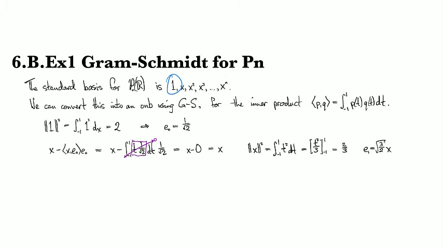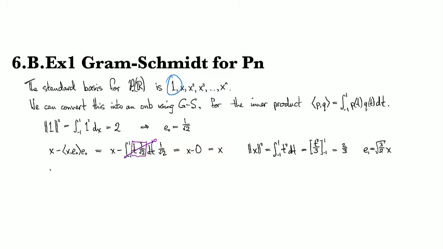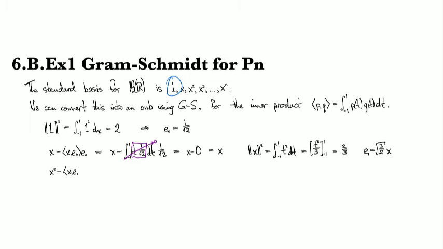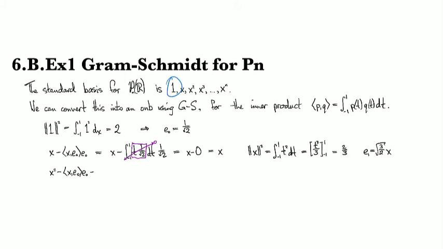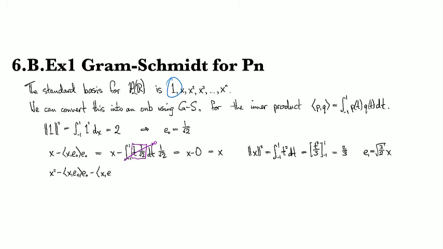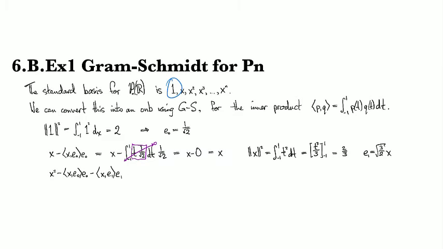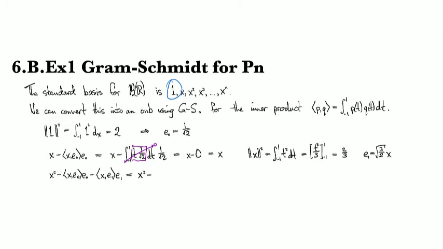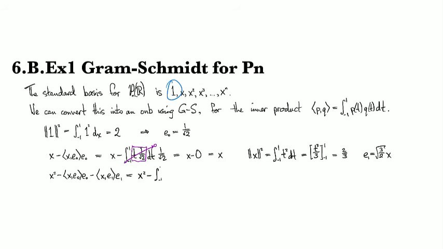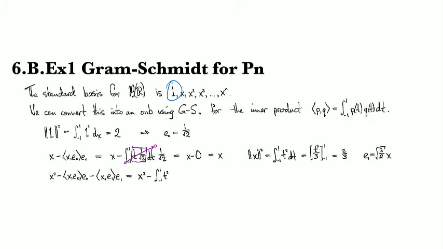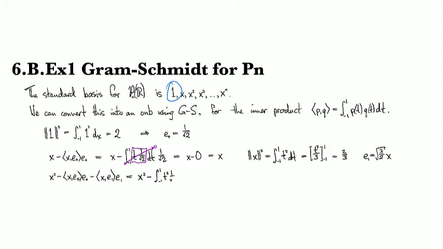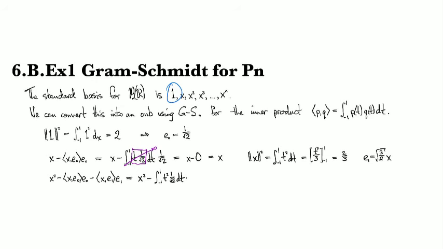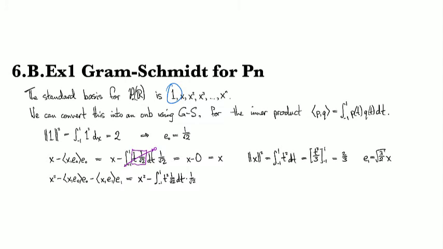Now for our next one, we're going to be looking at x squared minus its projection onto the first two. So we've got x squared minus the integral from -1 to 1 of t squared times 1 over root 2 dt, times 1 over root 2.